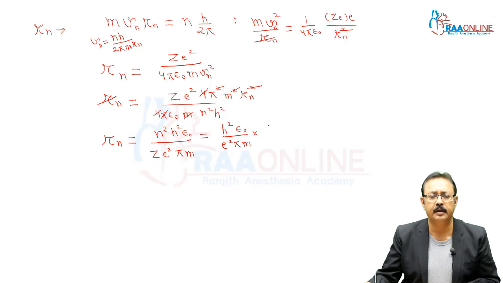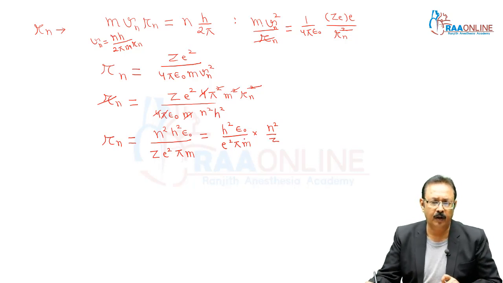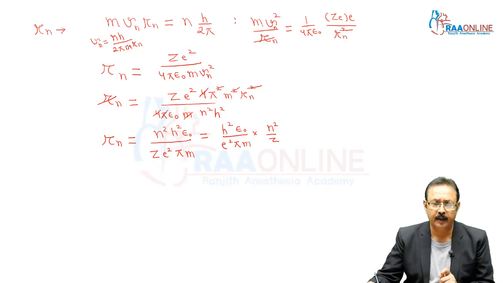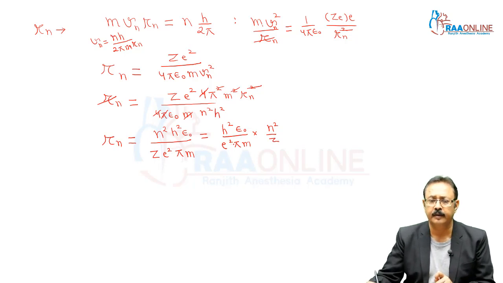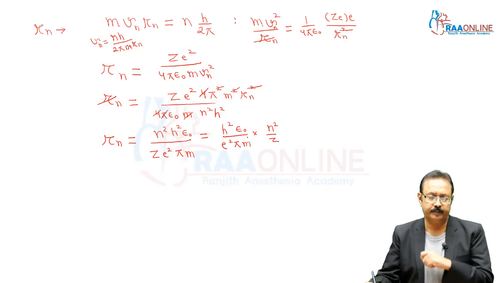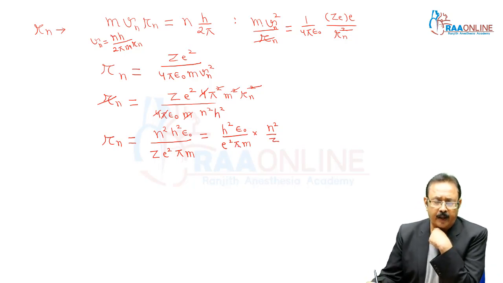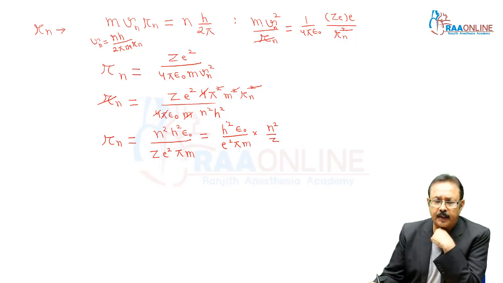Remaining is n square by Z. Again, all numbers are constant: h square epsilon naught, and this Z we separated from this. So pi, m, e square, h square, epsilon naught are all constant.